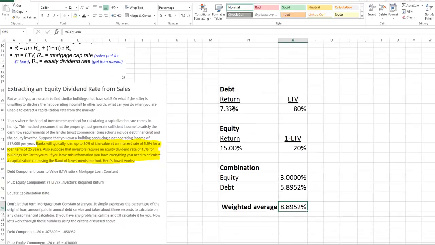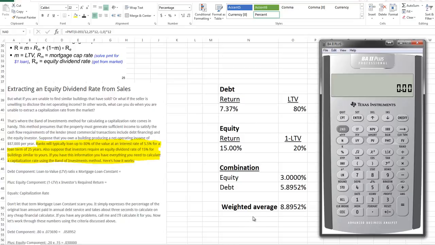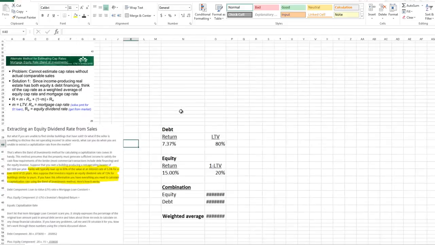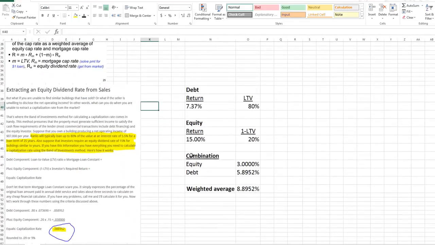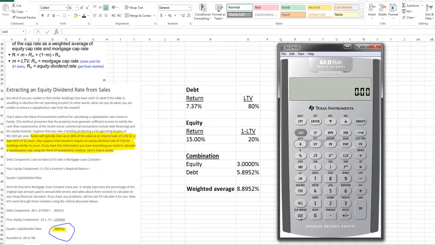I told you that we'd redo the cap rate calculation with the calculator, so let's do that real quick. Shrink this down a little bit more. Alright, so here's our calculator. Again, check your payments per year. It's on 1 payment per year. I'm going to clear out the time value of money, and now enter my mortgage inputs.